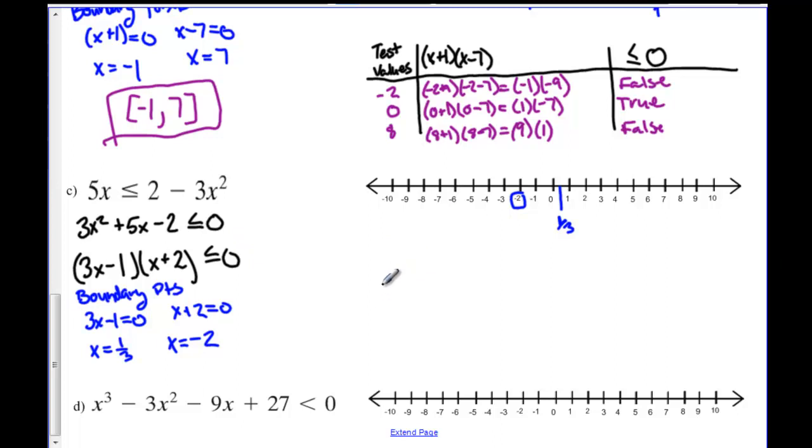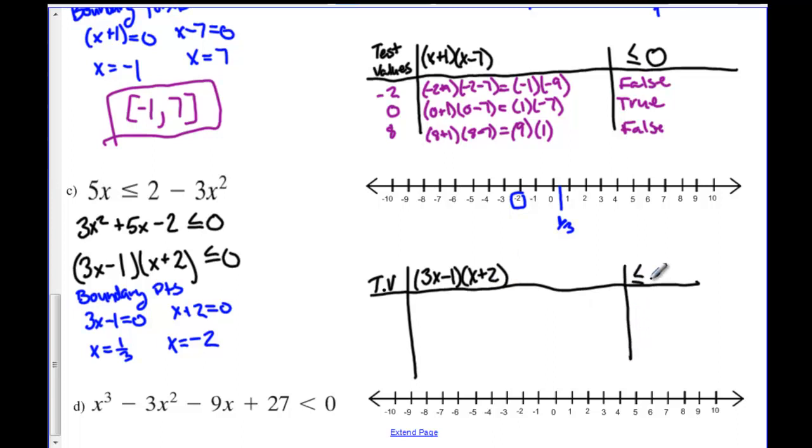So we're going to be looking for our test values. We're going to be plugging those into 3x minus 1 times x plus 2, and then determining if that is less than or equal to 0. I'm going to give you all a minute to try from here.